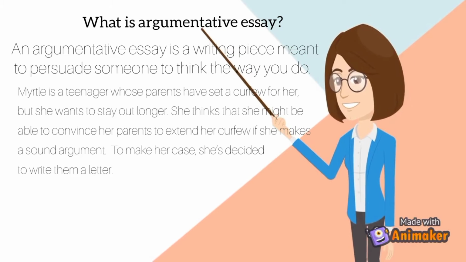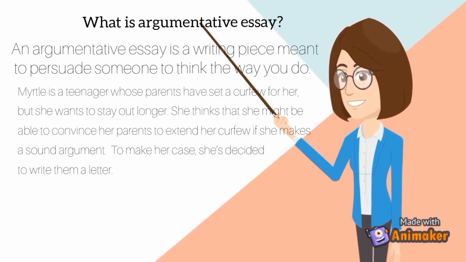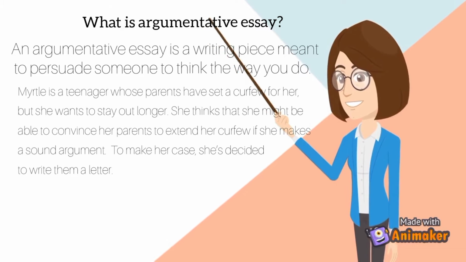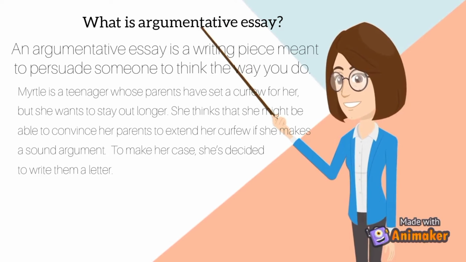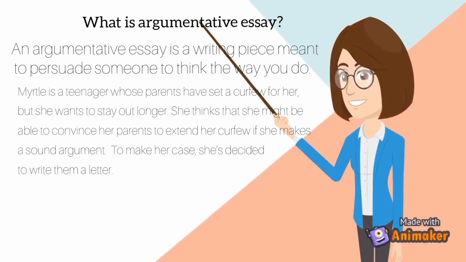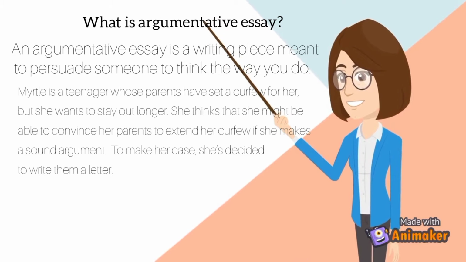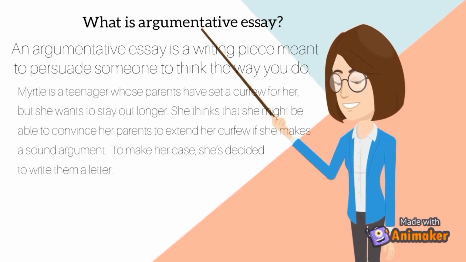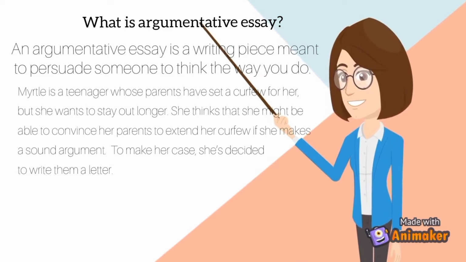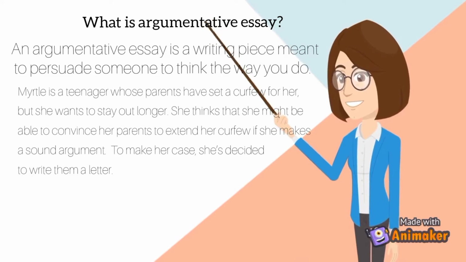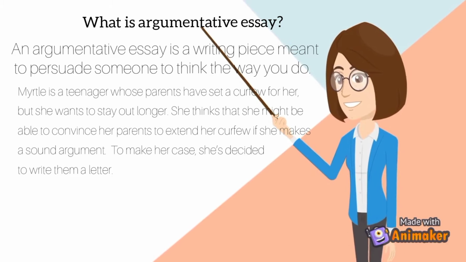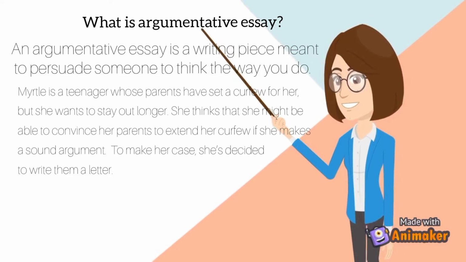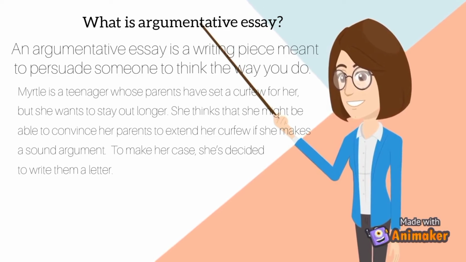Example. Martil is a teenager whose parents have set a curfew for her, but she wants to stay out longer. She thinks that she might be able to convince her parents to extend her curfew if she makes a sound argument.